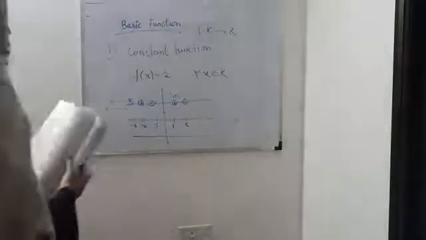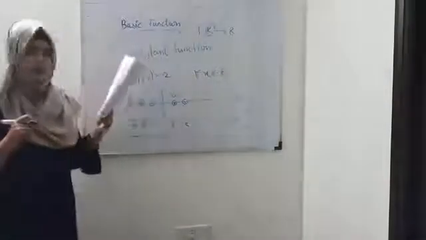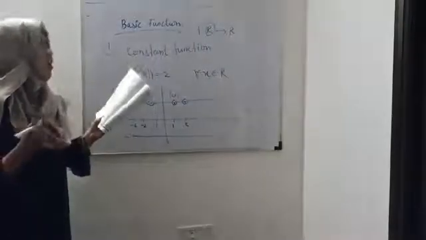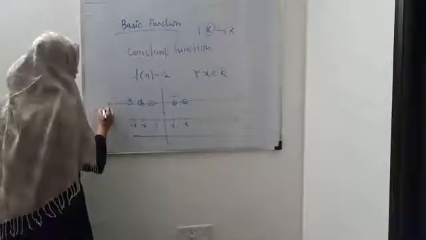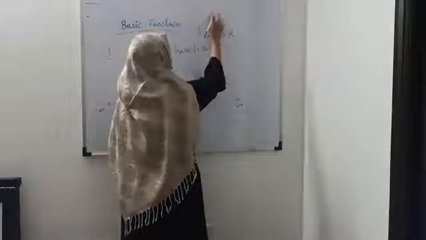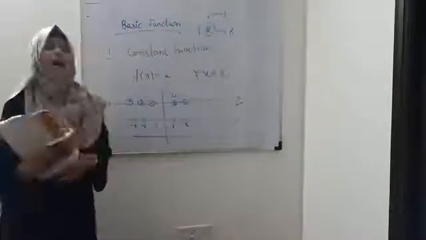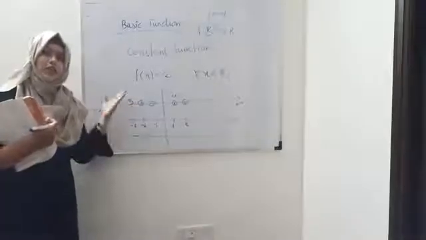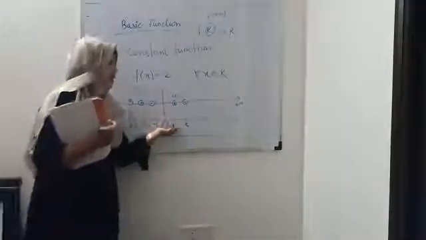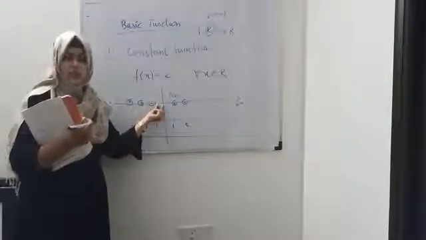Now here the domain is clearly the real number set, so the domain is R, or you can take from minus infinity to plus infinity. R can also be written as from minus infinity to plus infinity. Okay, and what will be its image? What have we seen? For every point we are getting only one image, y is equal to 2, right?